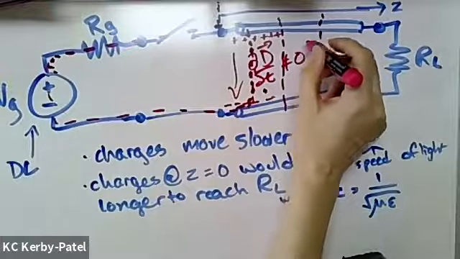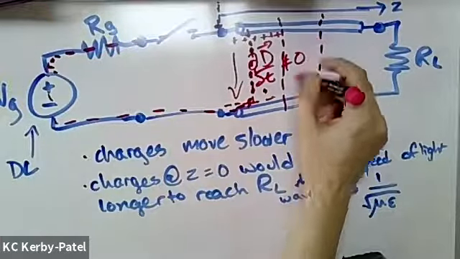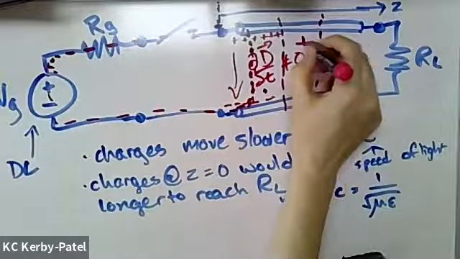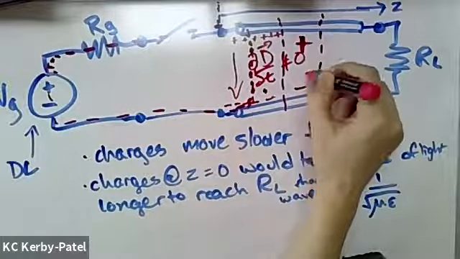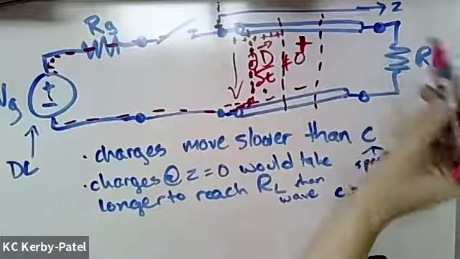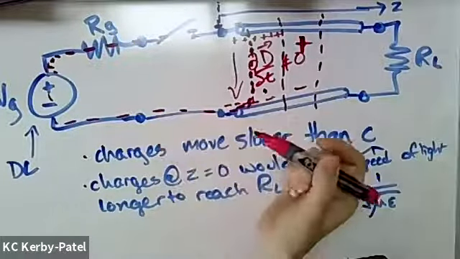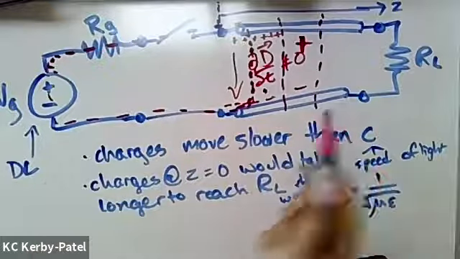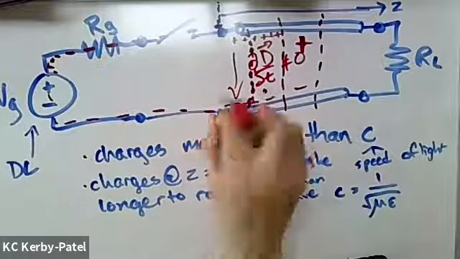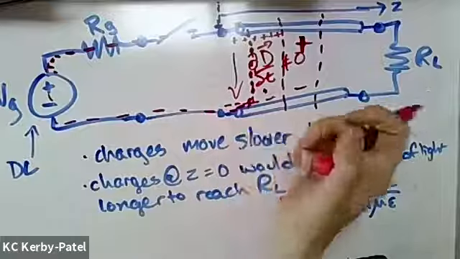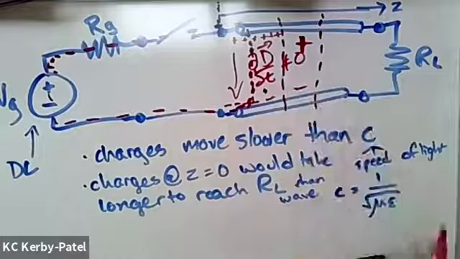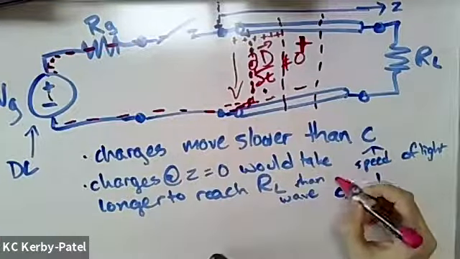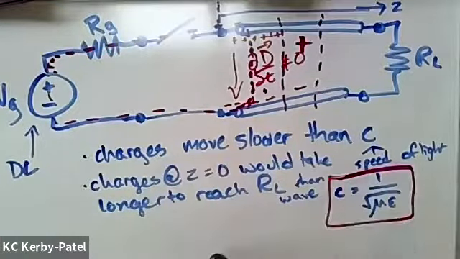And then that's going to set up another EMF across the next section, and then the next section, and the next. Like we talked about last time, these electric and magnetic fields, when they are time varying, link to each other like a chain, and the one generates the next one. So that helps the wave move down the line, and the wave moves at the speed of light, not at the speed of current, which is much too slow.